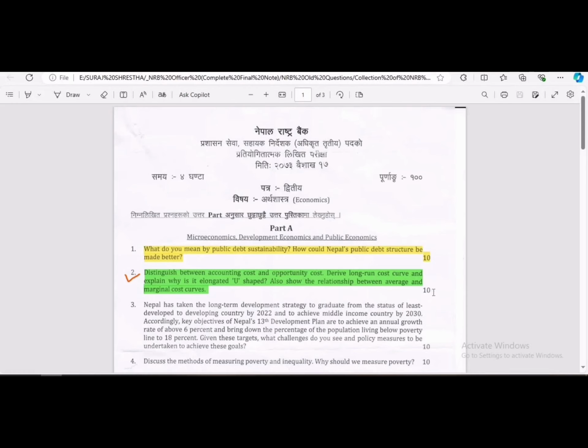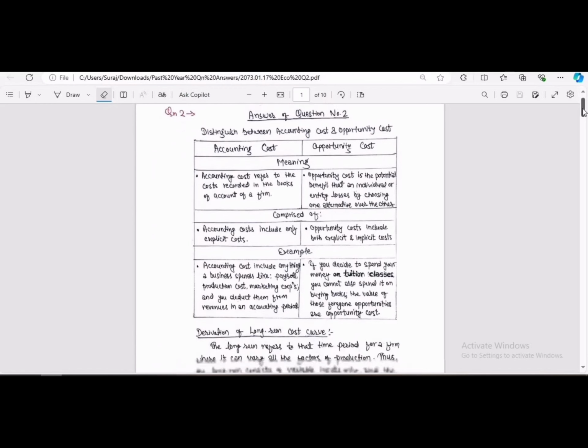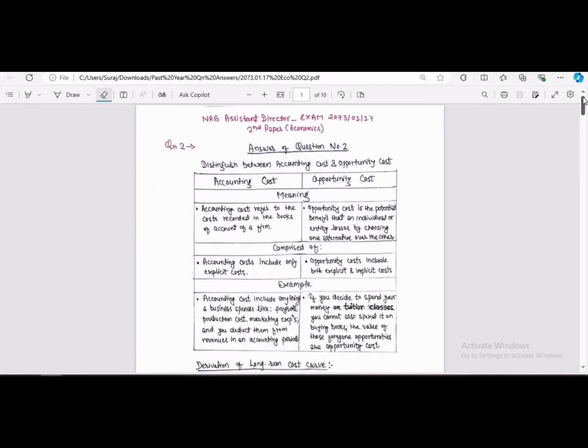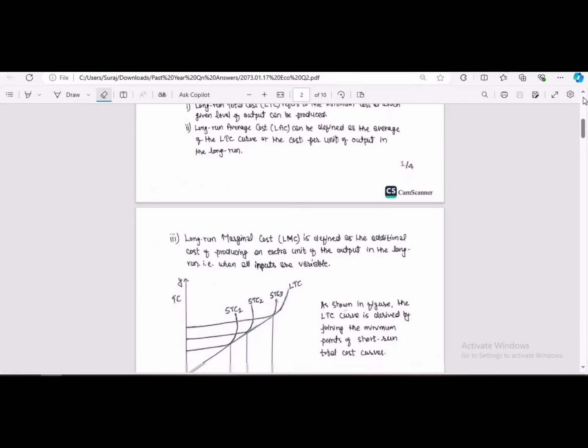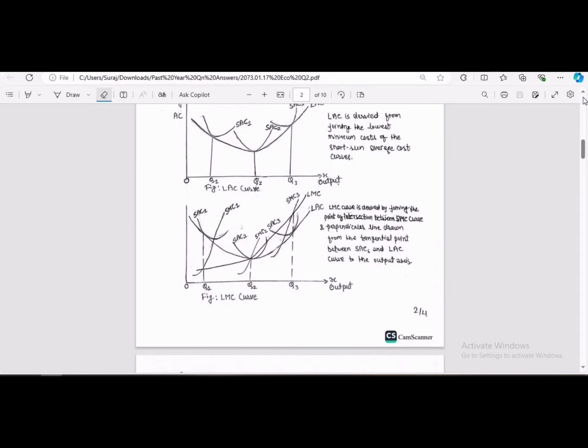So at first we did the accounting cost and opportunity cost differences, with the basis of comparison being meaning, second comprised of, and third example. Secondly, we derived the long run cost curves: first the long run total cost curve, second the long run average cost curve, and third the long run marginal cost curve.